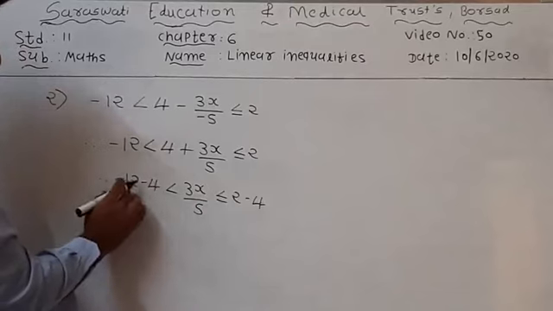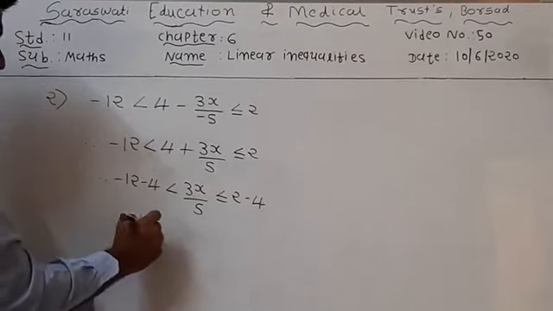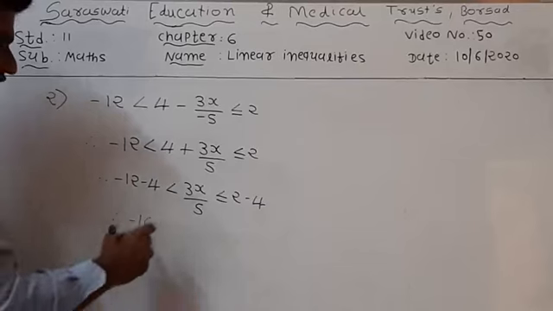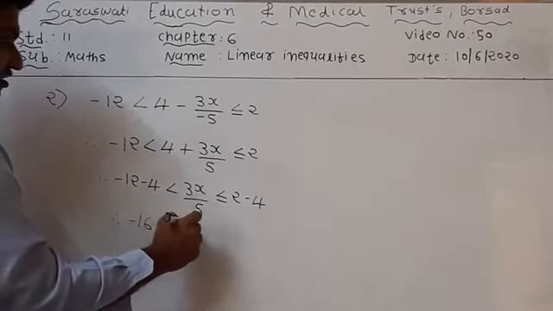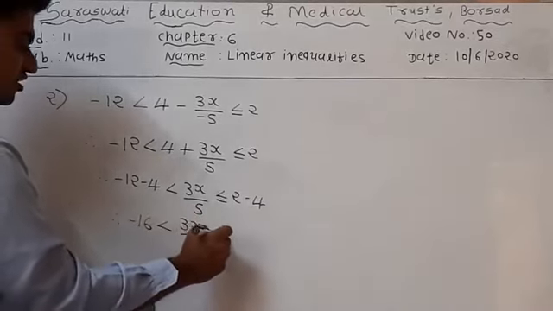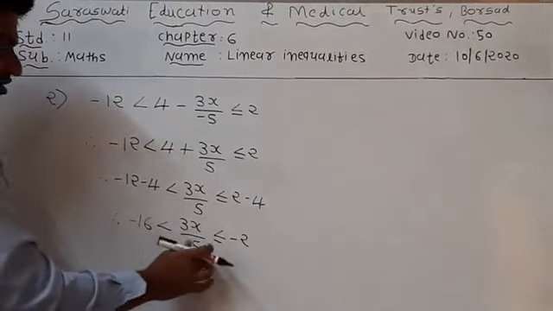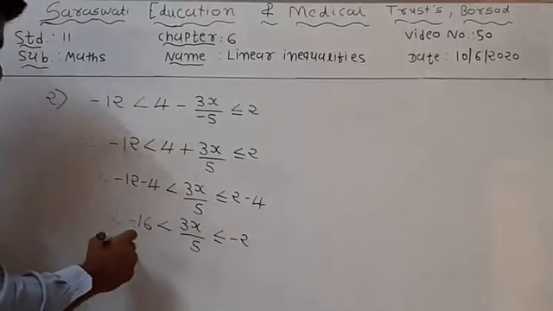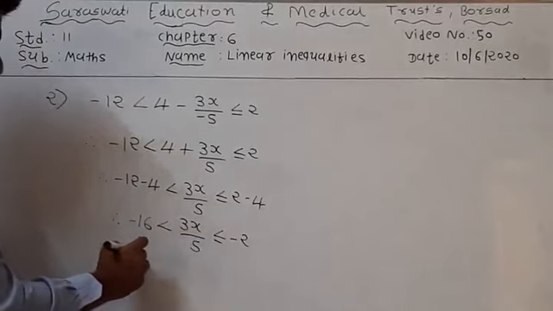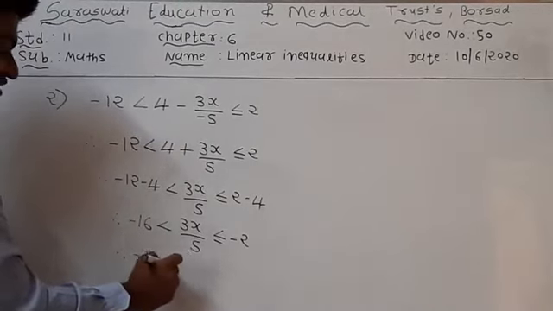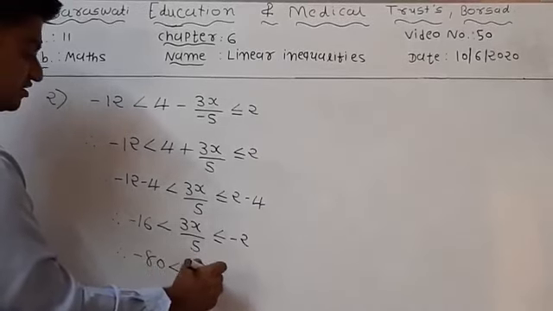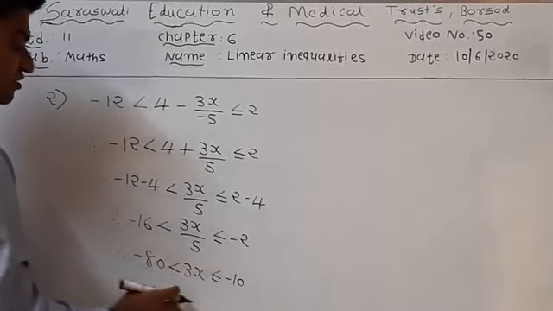Simplify this term. Minus 12 minus 4, that means minus 16, less than 3x upon 5 less than or equal to minus 2. Now multiply by 5 on both sides. So therefore 16 into 5 is minus 80, less than 3x less than or equal to minus 10.